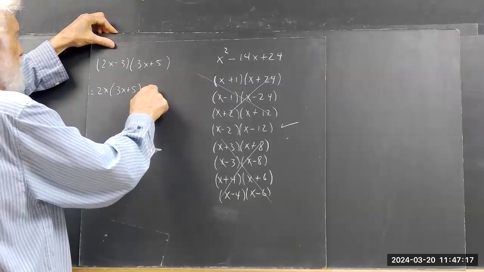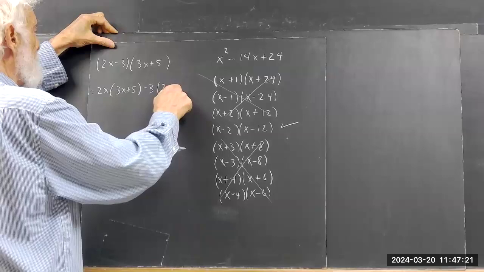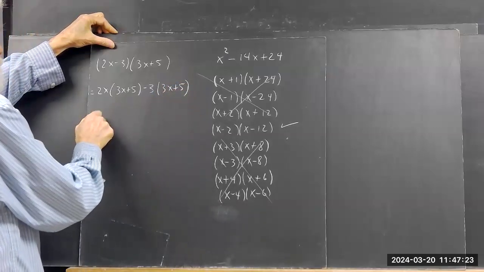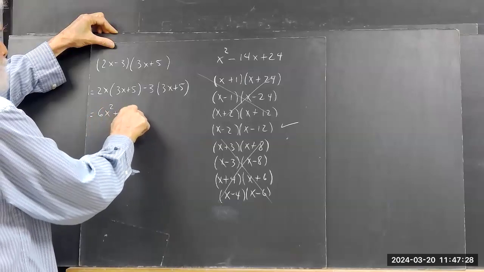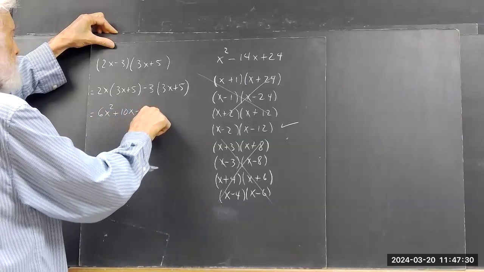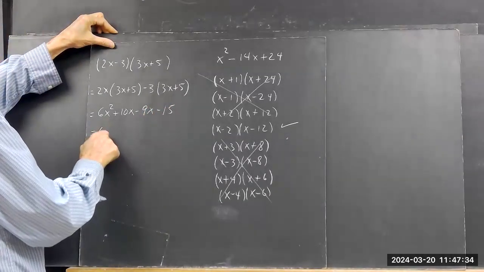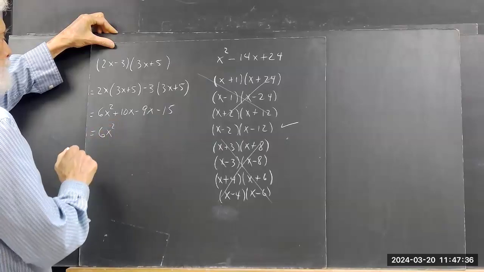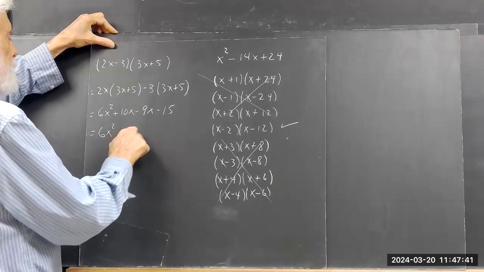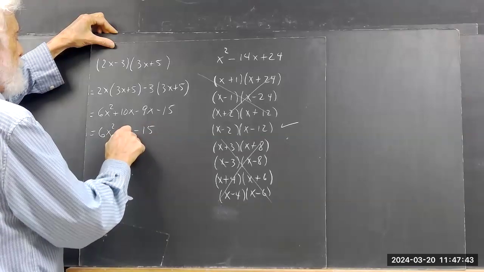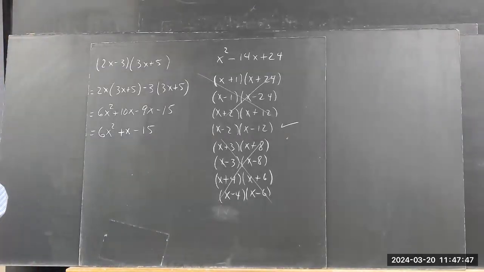I'll do this rather quickly, but minus 3 then times 3x plus 5. And then we multiply this out, we get 6x squared plus 10x minus 9x minus 15. And that's going to be 6x squared plus x minus 15.